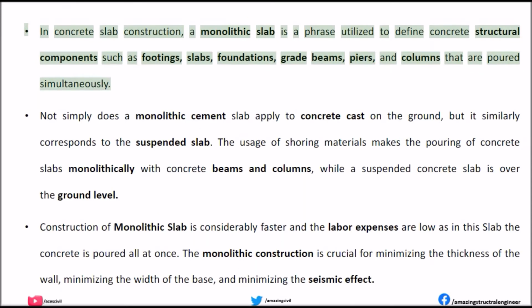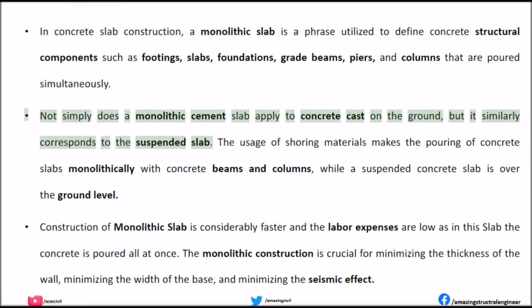In concrete slab construction, monolithic slab is a phrase used to define concrete structural components such as footings, slabs, foundations, grade beams, piers, and columns that are poured simultaneously.